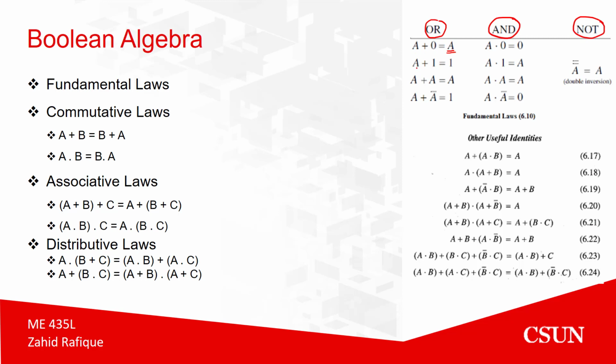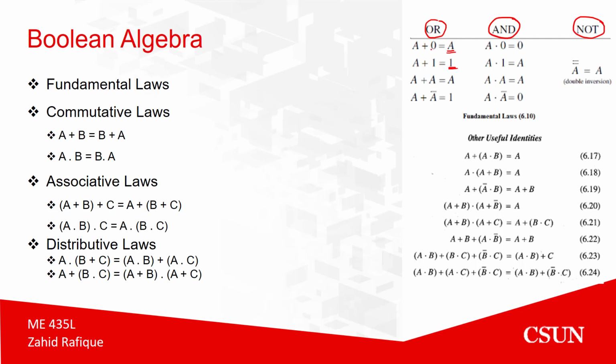If you OR any value, any signal, any digital value with a 1, your output is going to be a 1. And here is the basics of this. So A could be only a 0 or a 1. A 0 or 0 is 0. A 1 or 0 is 1.